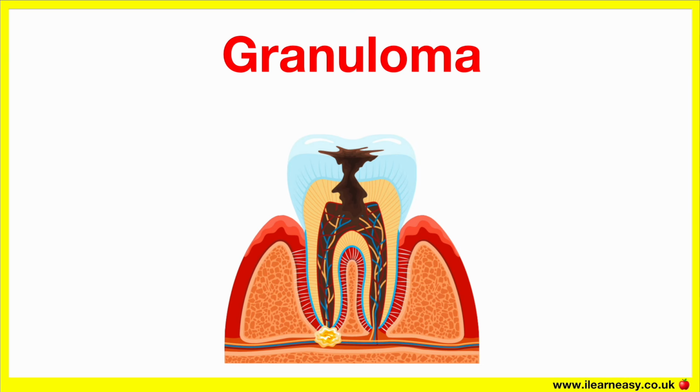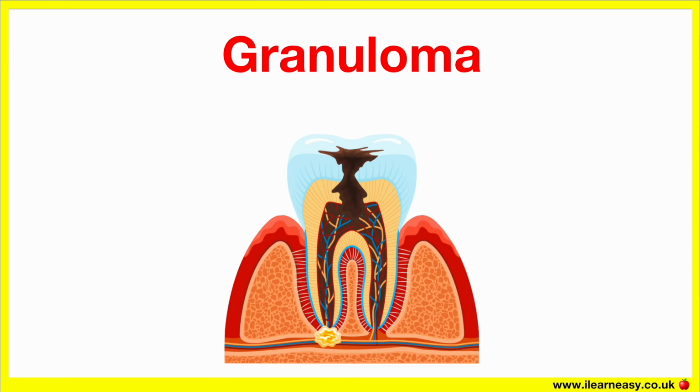Granuloma. A granuloma is a small area of chronic inflammation caused by the body's immune system. This is a result when the body's immune system is trying to wall off substances it sees as foreign, but it can't eliminate. This can occur anywhere in the body.